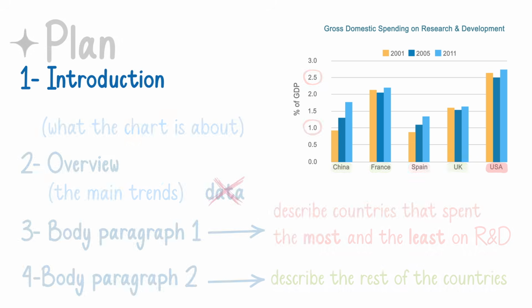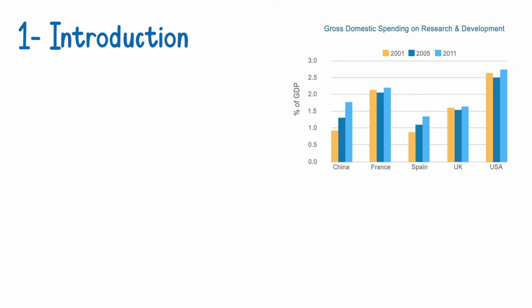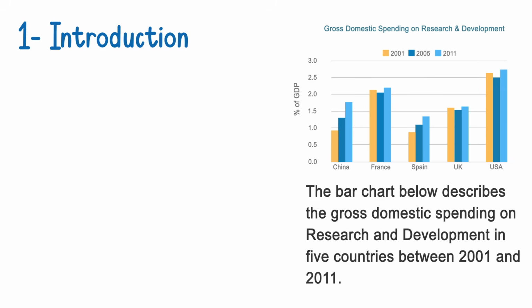Now let's start from our introduction paragraph. In writing our introduction paragraph, we have to read the question again. The bar chart below describes the gross domestic spending on research and development in 5 countries between 2001 and 2011. We can change describes into illustrates, all right?